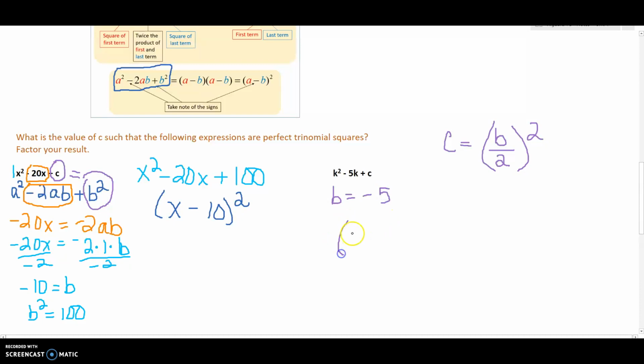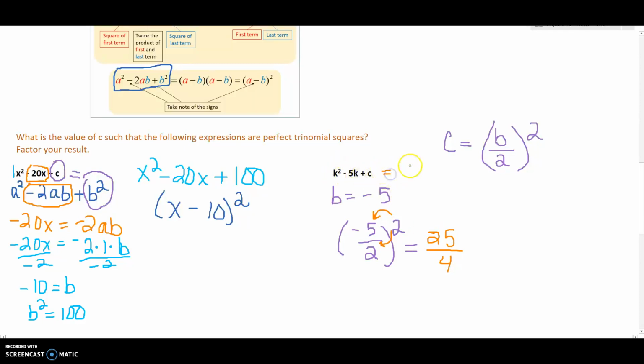So we can take half of b and square it. Now remember I said this becomes a little more complicated when it's odd because we end up with some fractions. So I can't evenly divide negative 5 over 2. So I just have to square both the numerator and the denominator, and I get 25 over 4.